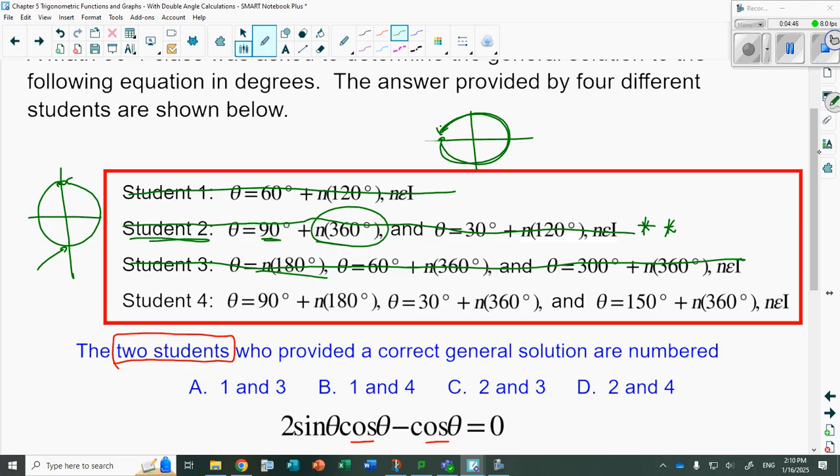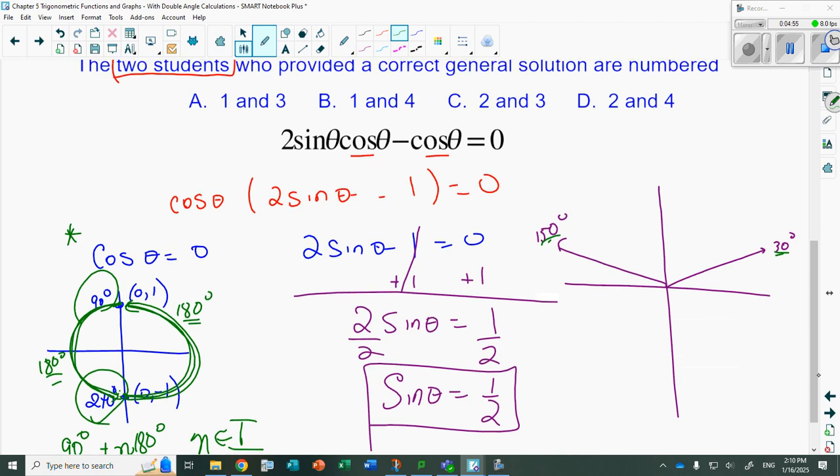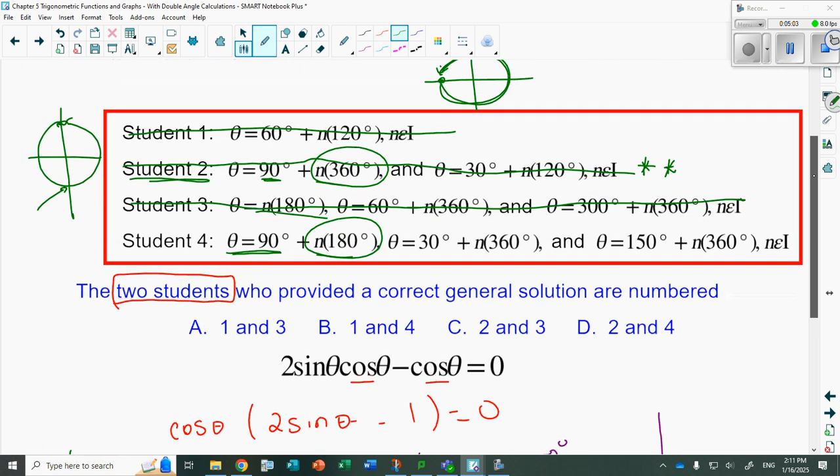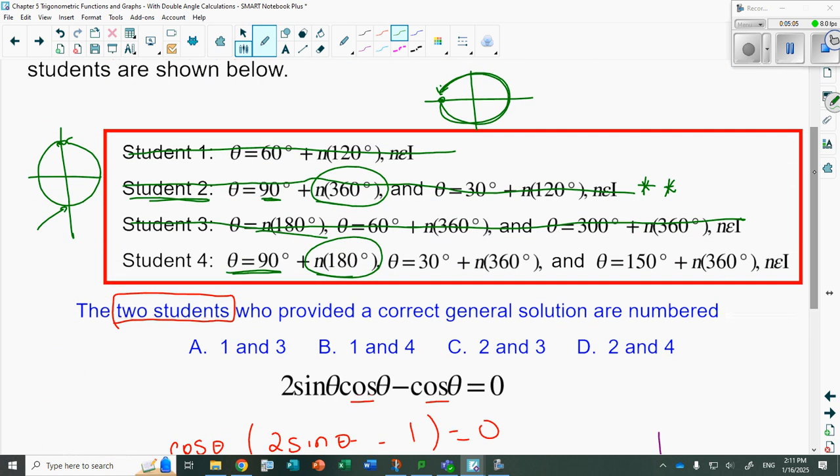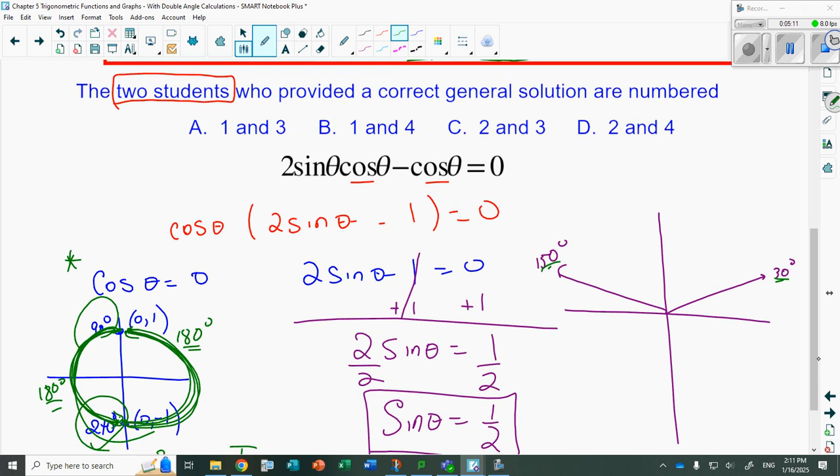Look at this. Student number 4 says take 90 degrees, and look at that, adding multiples of 180, which is exactly what we want to do here, starting at 90 degrees, adding 180, adding 180. Yes, that's looking good so far for student number 4. And then this one says 30 degrees plus 360n. Okay, so there's 30 degrees.